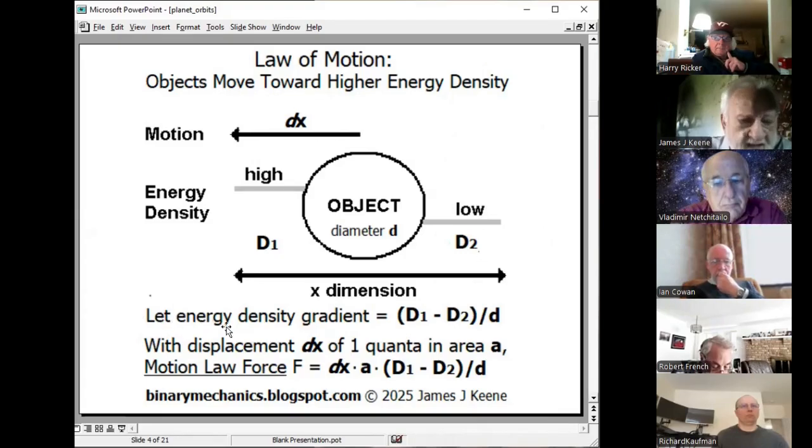Let the energy density gradient equal the difference between the two densities, 1 and 2, divided by the distance, the object diameter. With displacement dx of 1 quanta in an area A, motion law force is going to be the displacement, which is in meters, an area, which is in meters squared, and this density gradient.